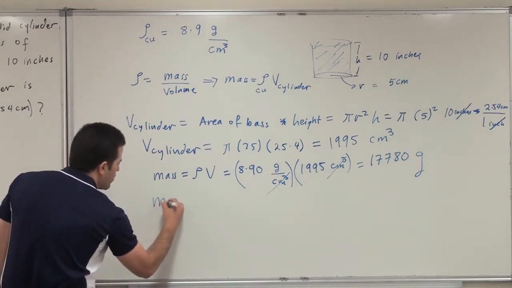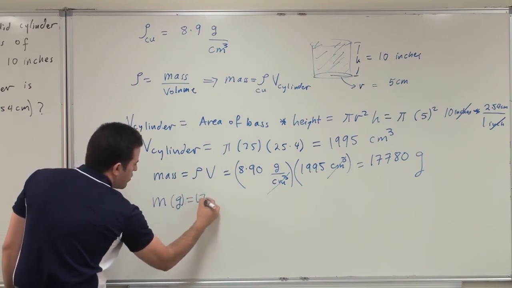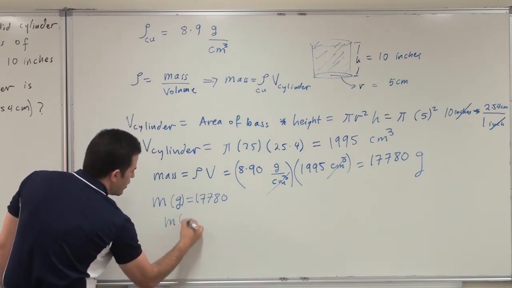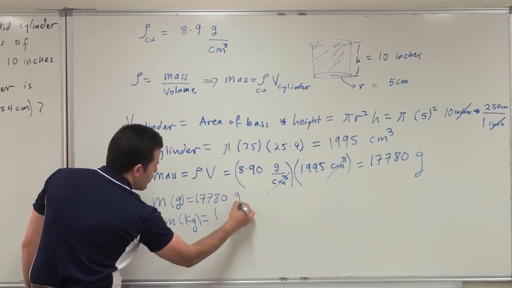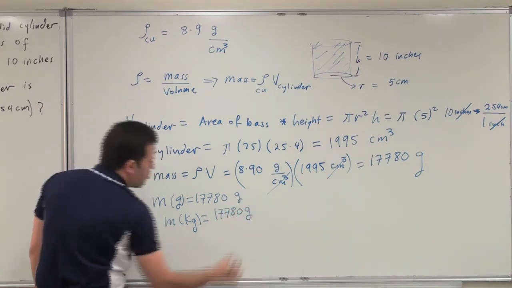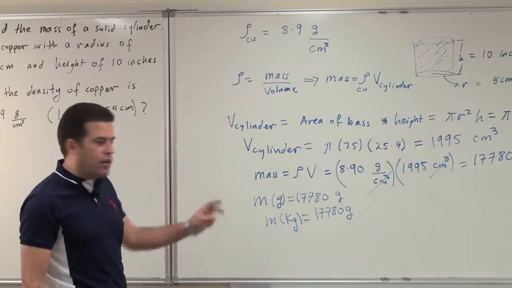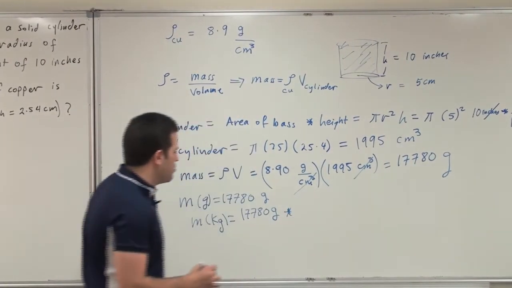So the mass in grams is 17,780. So the mass in kilograms will be the mass in grams times a conversion factor. I know that 1 kilogram equals 1,000 grams.